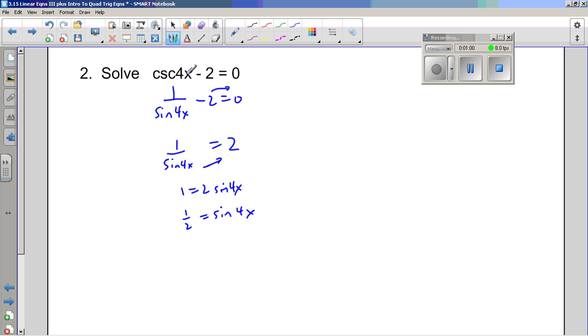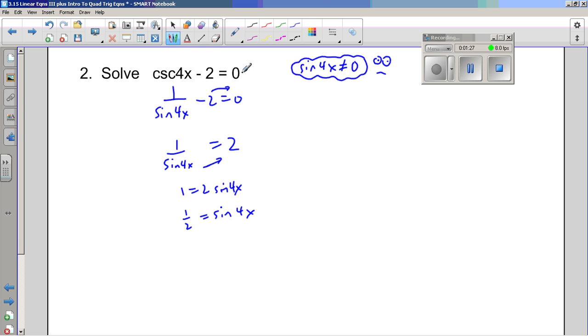I also know the cosecant is undefined for a bunch of values whenever sine 4x is zero. So I'll state those restrictions, and we'll keep our eyes out for when sine 4x is equal to zero. That can't happen.